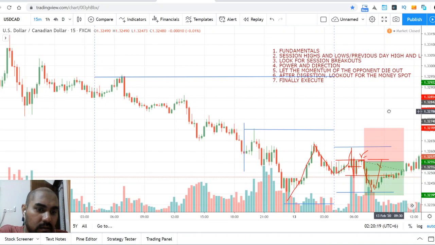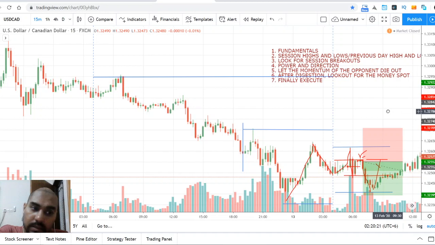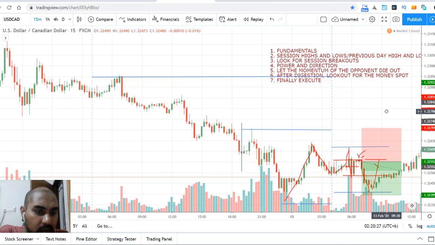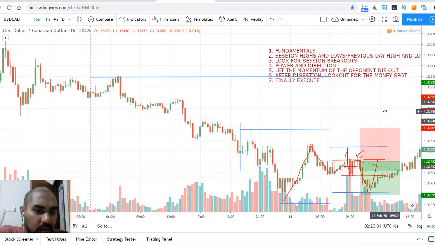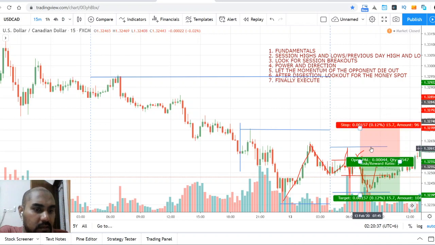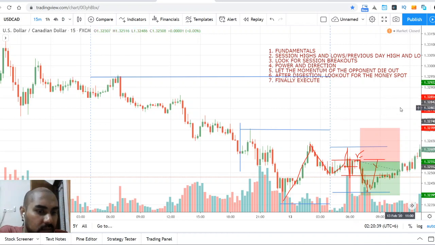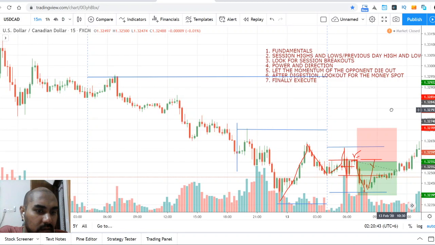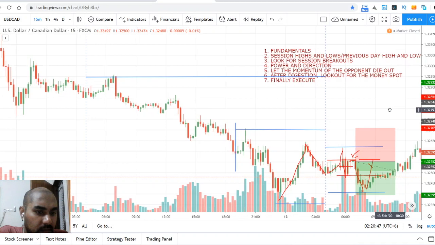Next candle, okay, prices are now in the red. Next candle, it's 12 o'clock. Next candle, okay, prices are challenging Asia's high now. Next one can't get past Asia's high.